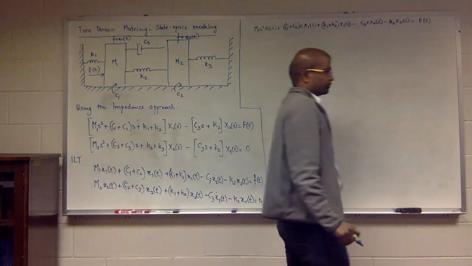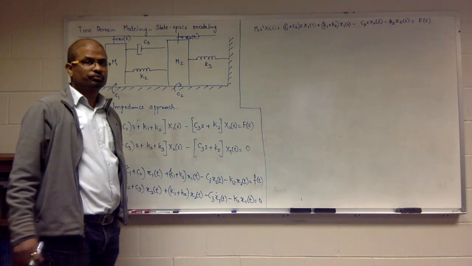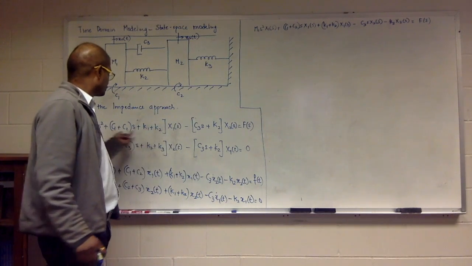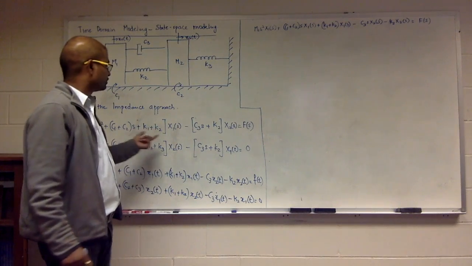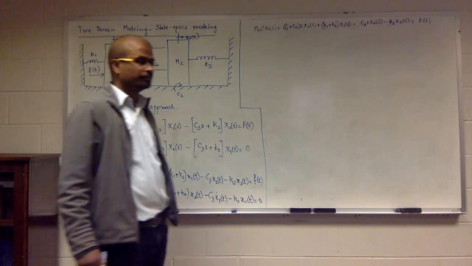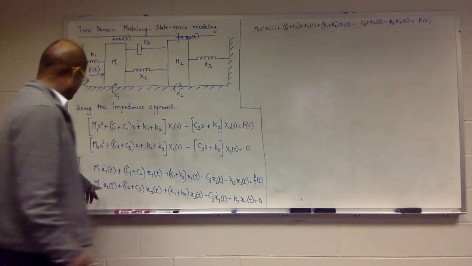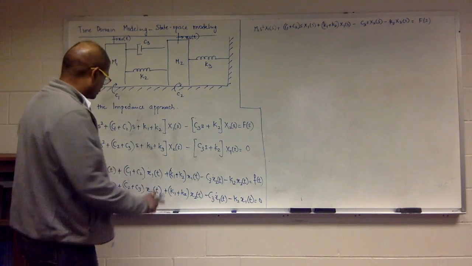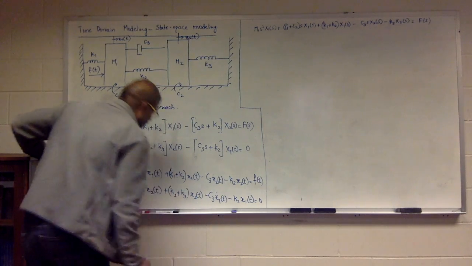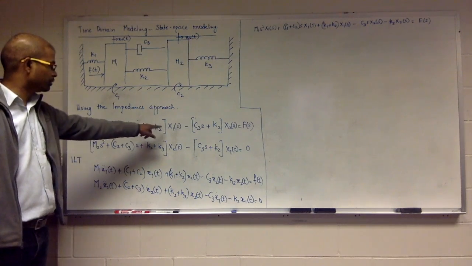You with me? I just took this first equation and split it open. This x1 of s is distributed between these terms, and x2 of s is split between these 2 terms. Dr. Cindy, for M2, for the inverse Laplace, that's supposed to be K2 and K3? Yes. Okay. So I just took this and split it open.